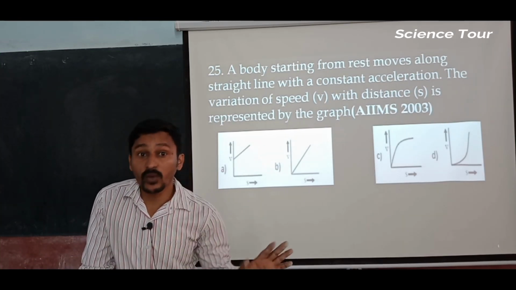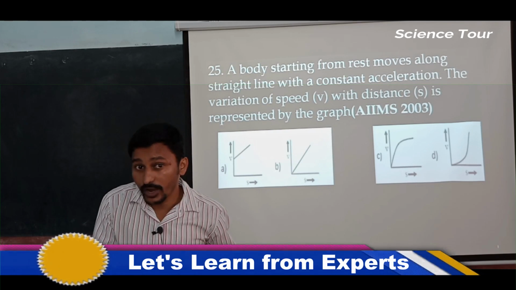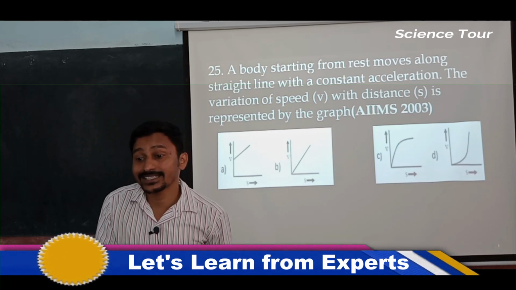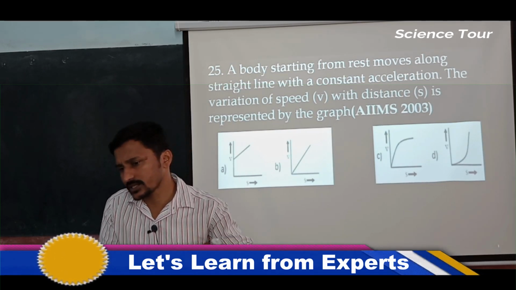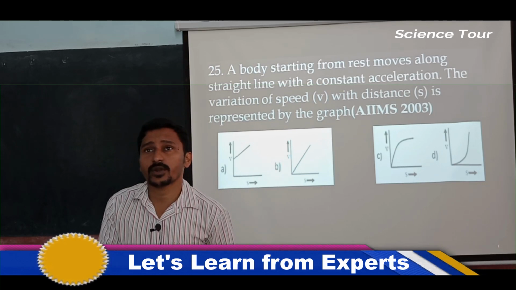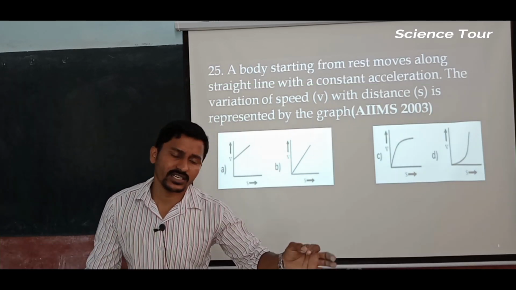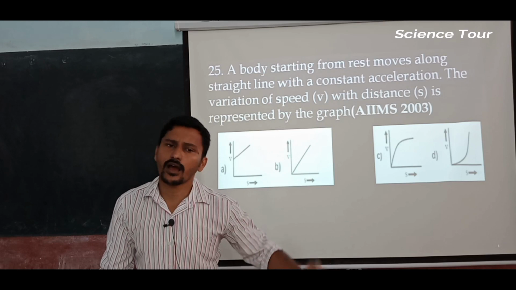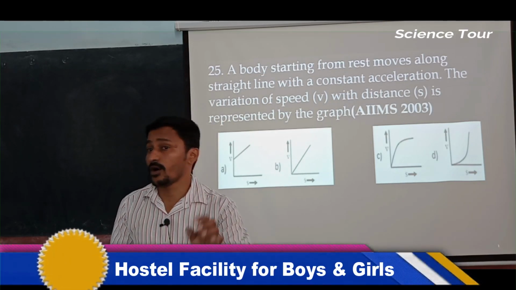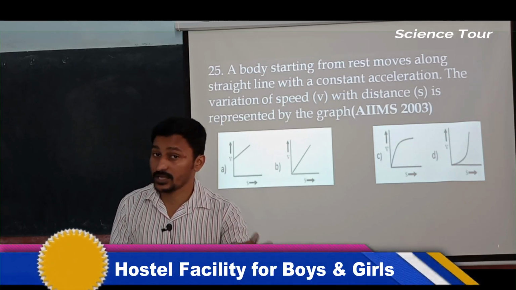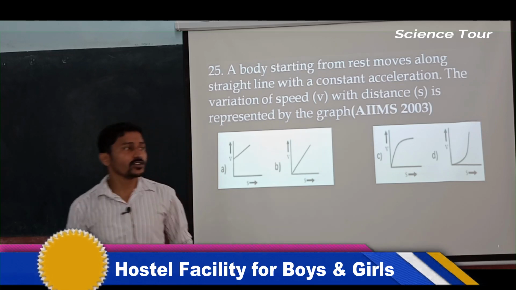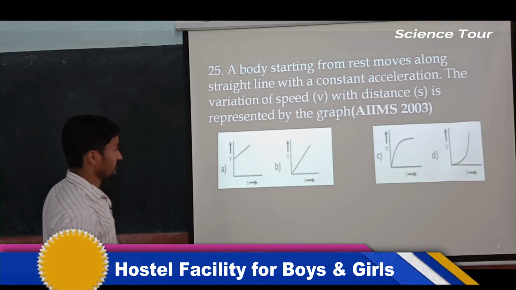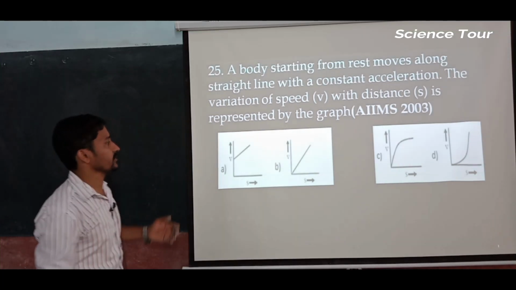Always it is not going to happen, you can't say that it is always similar, but for the understanding purpose that problem is very easy. Constant acceleration, go and say as if it is a freely falling body, but remember, every time is not the same. That depends on the question.